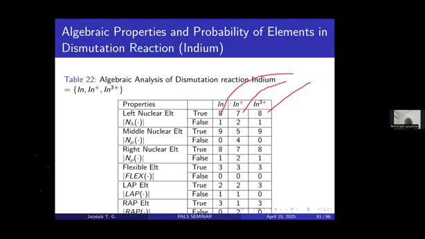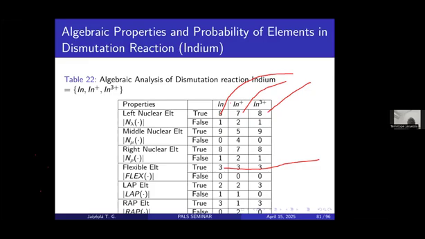And when you do a very good comparison, you will see that in all of them, it is only in the case of flexibility that all the indium elements in the indium reaction obey the flexibility law, that is, they are flexible.